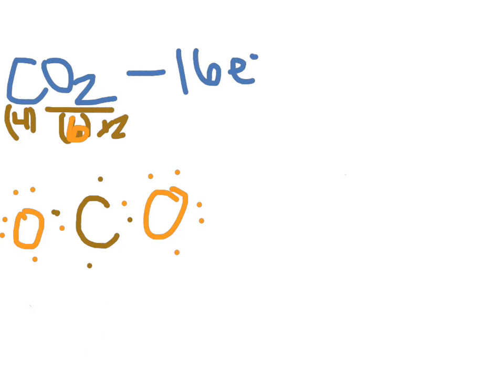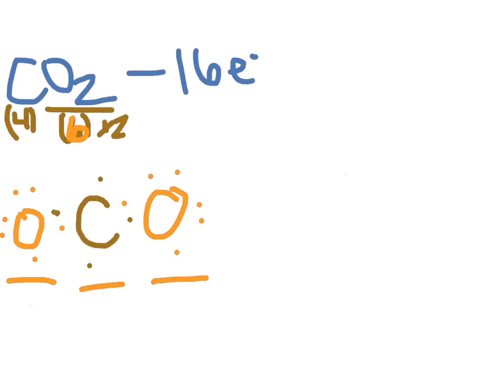Alright. So now what you have to do is, as you can tell, each element does not have an octet of 8, do they? No. This one only has 7. This one only has 6. And this one only has 7.